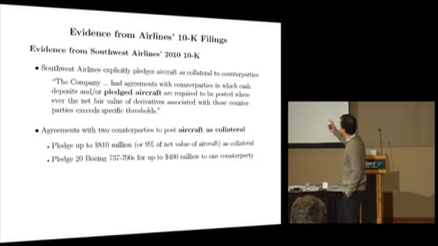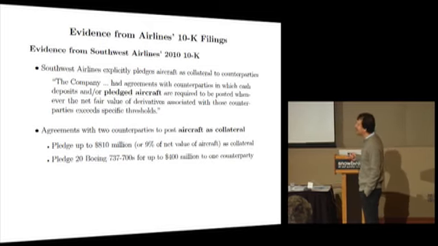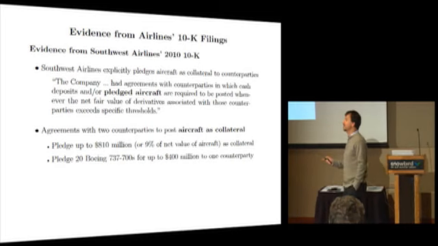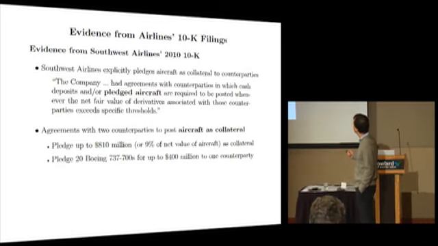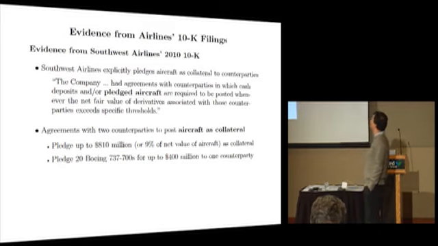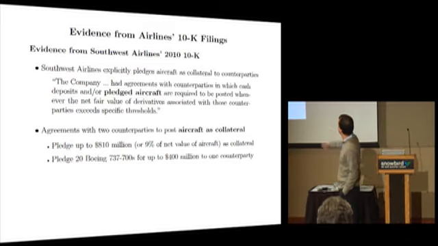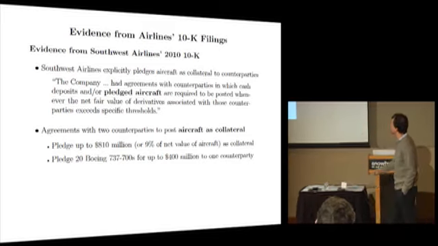First, just to warm up, airlines actually explicitly pledge aircraft at times to derivatives counterparties. Southwest, for example, has agreements with counterparties in which cash deposits and or pledged aircraft are required to be posted when the net fair value of derivatives falls below a threshold.